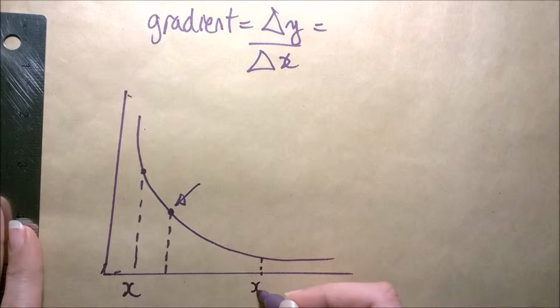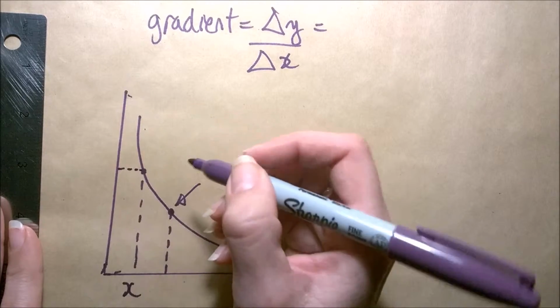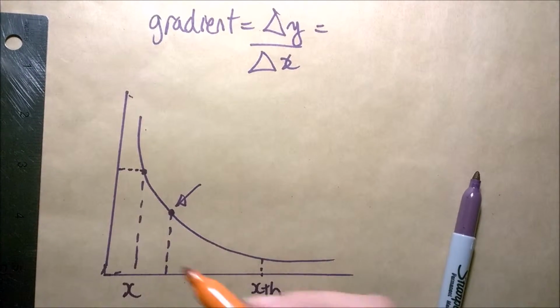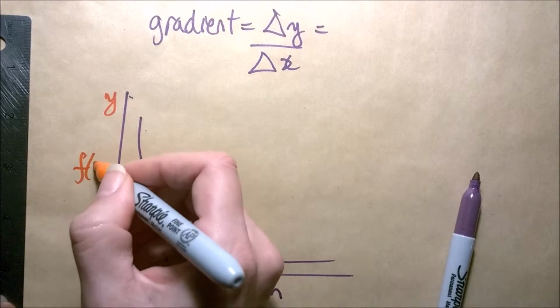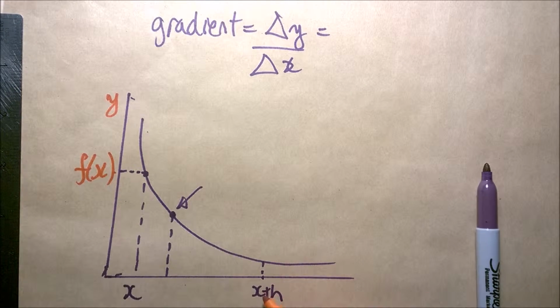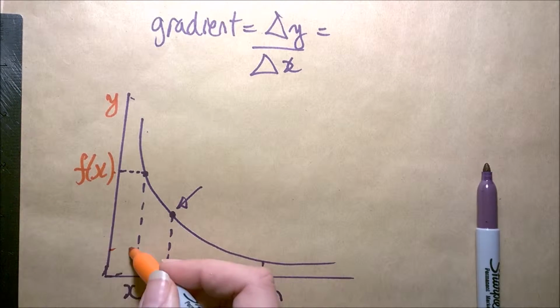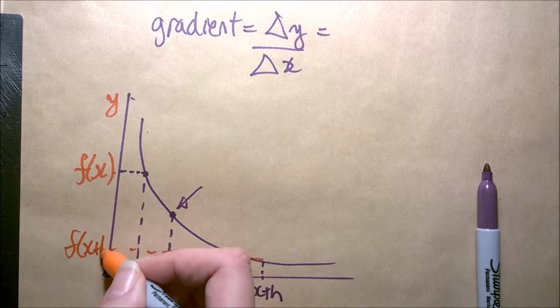Here's a point that equals x plus h. So at x, y equals f of x. At x plus h, y equals f of x plus h.